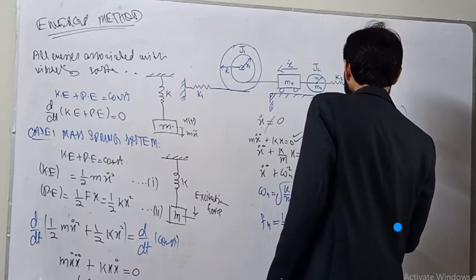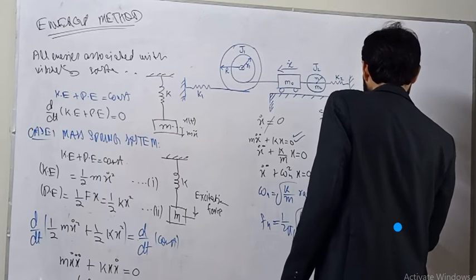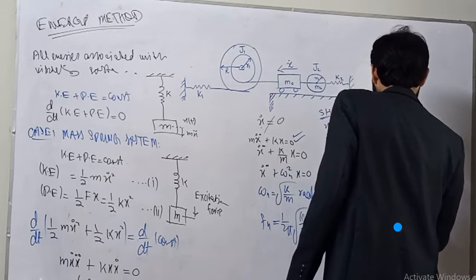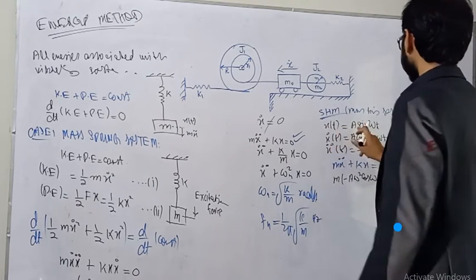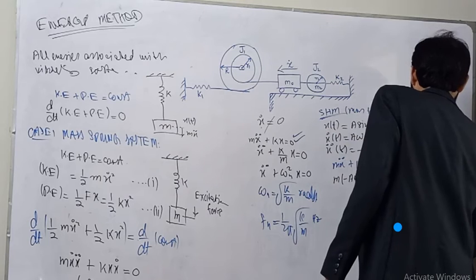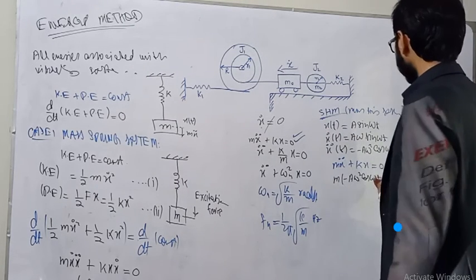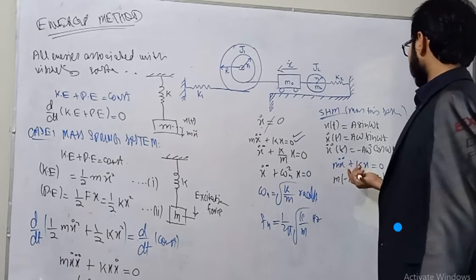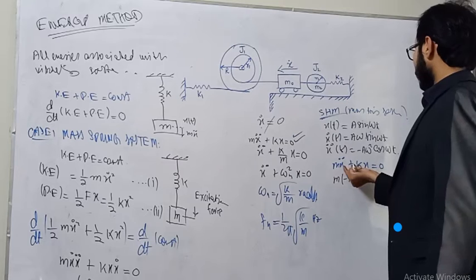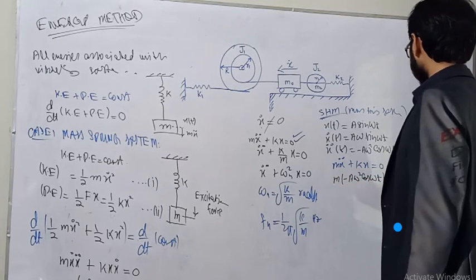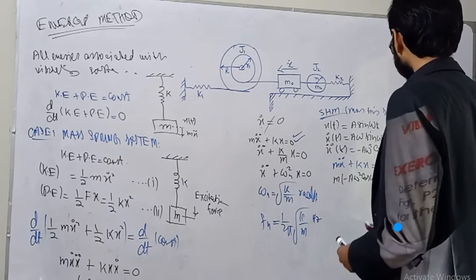I have m into x double dot, minus A omega square sin omega t, plus k into x. What is x? We have x of t equal to A sine omega t, and that is equal to 0. Now we can see that we have put in the values of the displacement and acceleration terms. So we now have the equation of motion turned into this form.